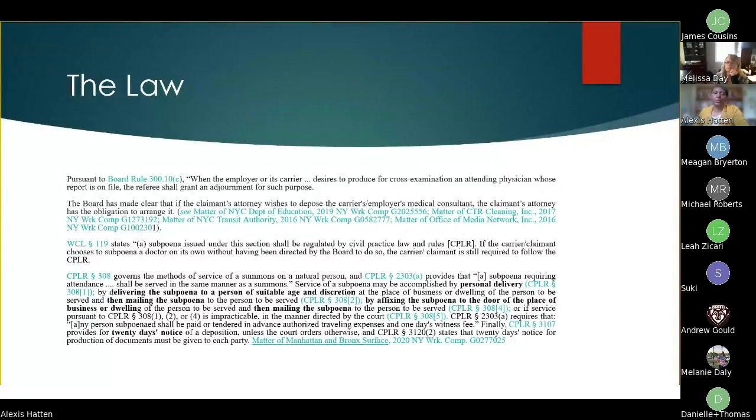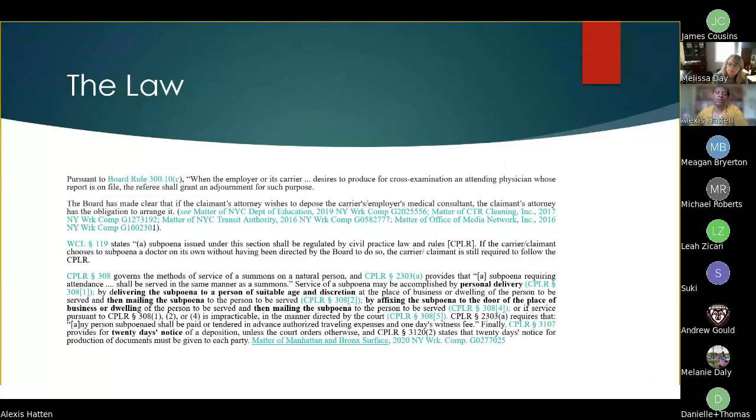So what's important to note here is that the board does allow the parties to cross-examine the treating providers, as we know, 300.10C, but if the claimant's attorney wishes to depose the carrier's consultant, they have the obligation to arrange it. And essentially that if they resort to serving a subpoena, the subpoena has to comply with the CPLR.